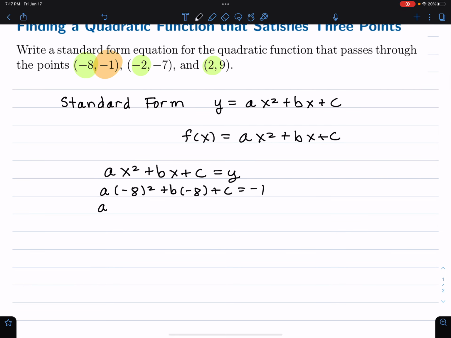If I put in -2 for x, the output is -7. And the last point is if I put in 2, the output is 9.